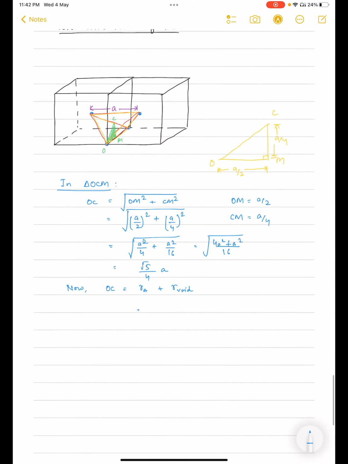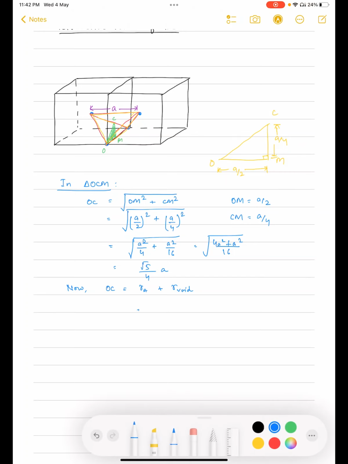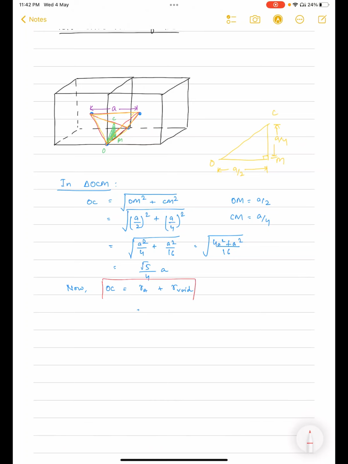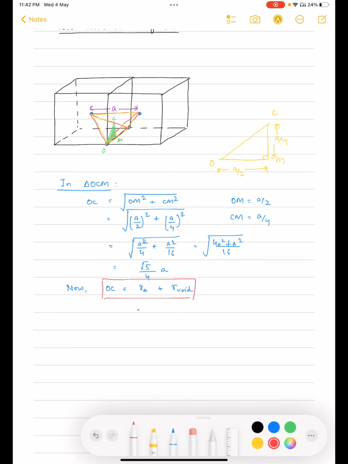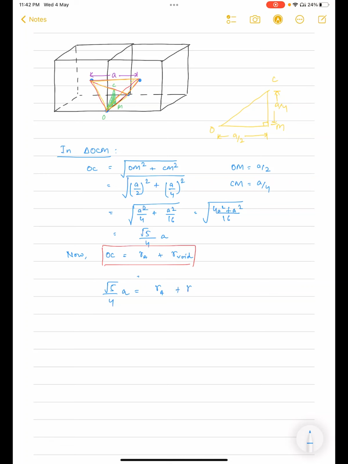Now OC is equal to atomic radius plus radius of the void. So we have root 5 by 4 a equals RA plus R void, and for BCC a is equal to 4 by root 3 RA, which becomes equal to RA plus R void.